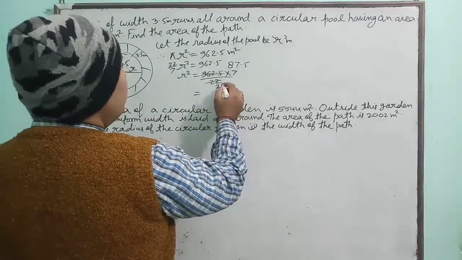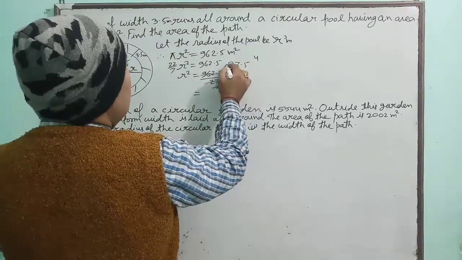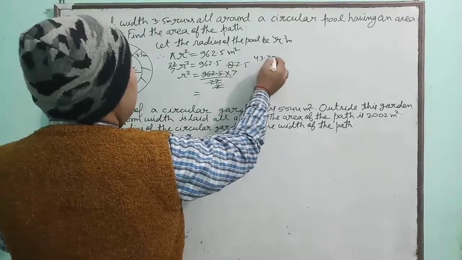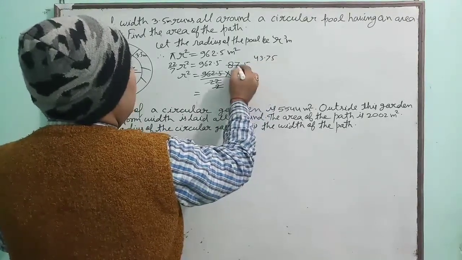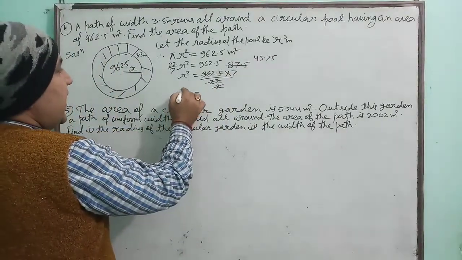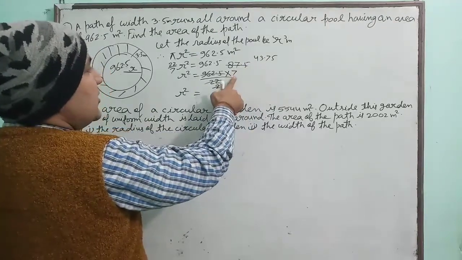Now dividing by 2: 2 into 4 is 8, 2 into 3 is 6, 7 and then 5. 43.75. This is r square is equal to 43.75 into 7.